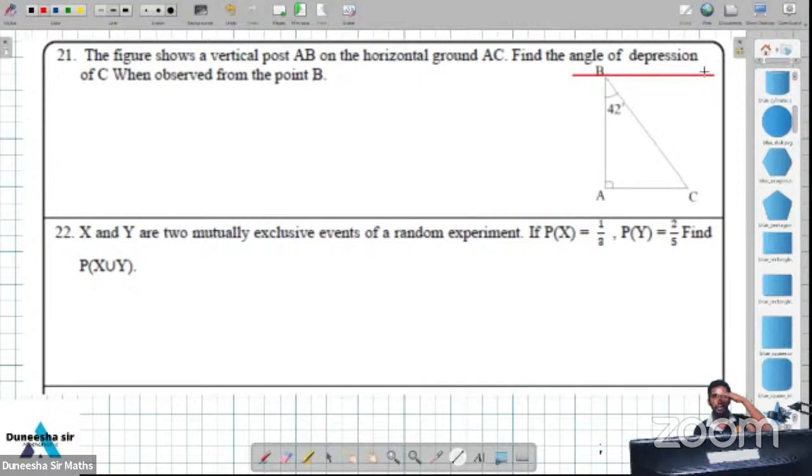If we go from the horizontal upward, it's an ascending angle. Then horizontal downwards is a descending angle. In this question, we are asked to find the angle of depression. The angle of elevation is upward from the horizontal, and depression means it's downward from the horizontal line.